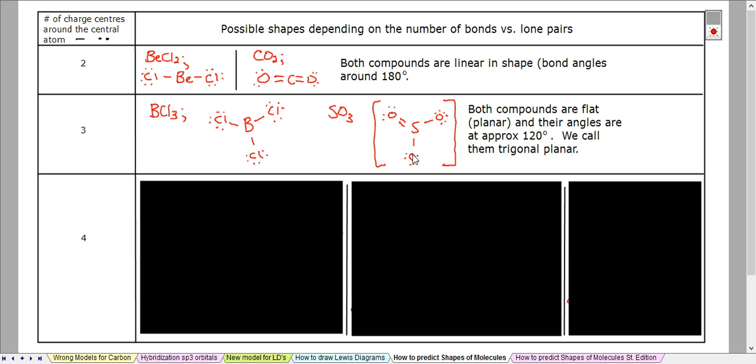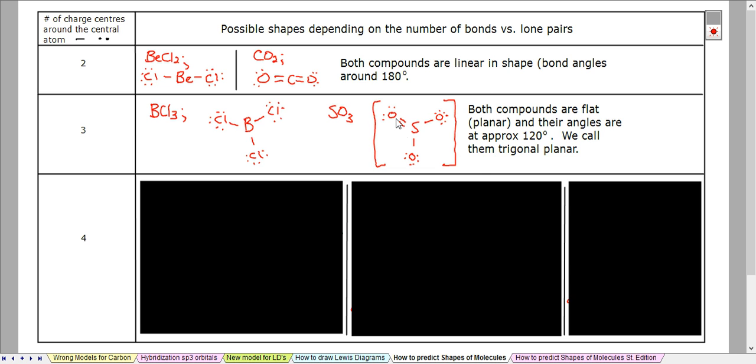Again, depending on the symmetry. You know, if one of these was fluorine or iodine, it would tweak the angles a little bit. But we've got flat molecules here, and the angles are, we'll say, 120 degrees. And we call this trigonal planar. Alright? So that's this shape. So these are pretty straightforward.